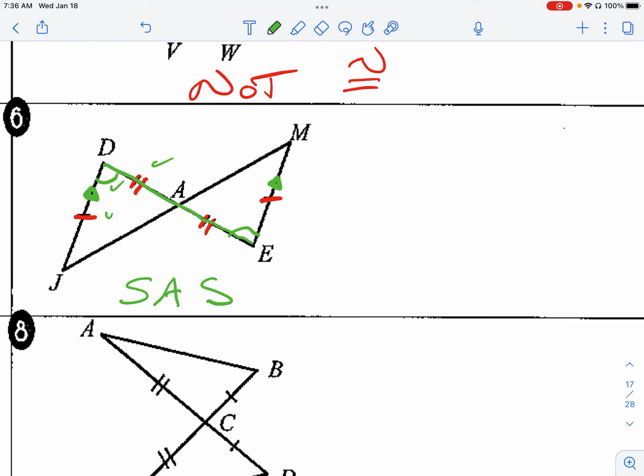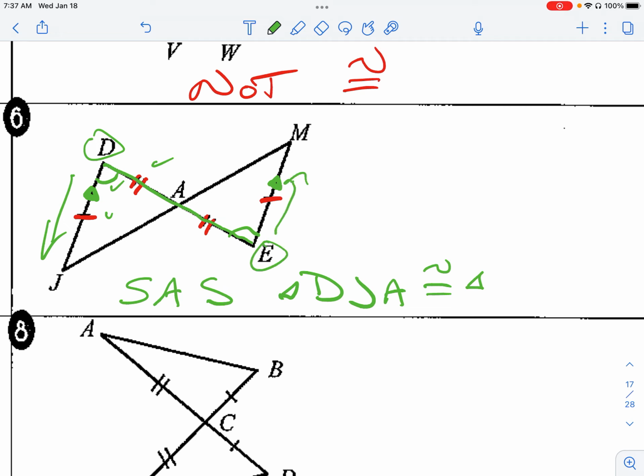And let's start with our one here. So we have triangle DJA is congruent to triangle EMA.